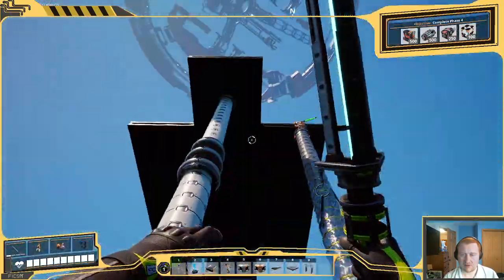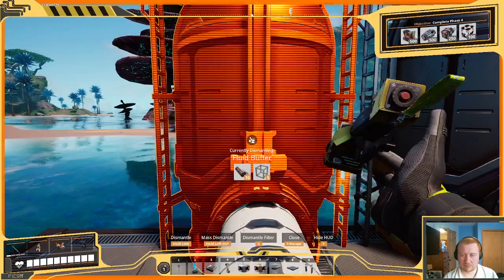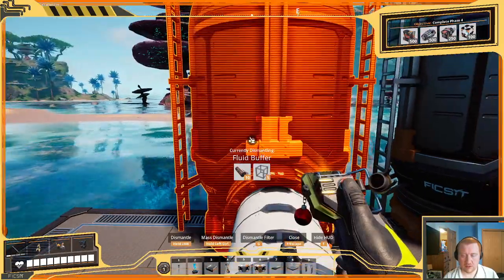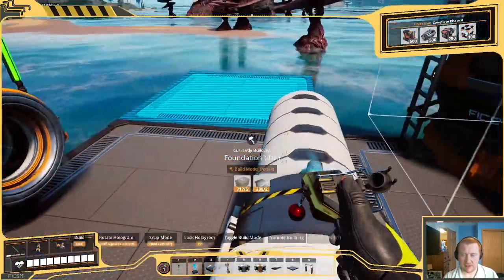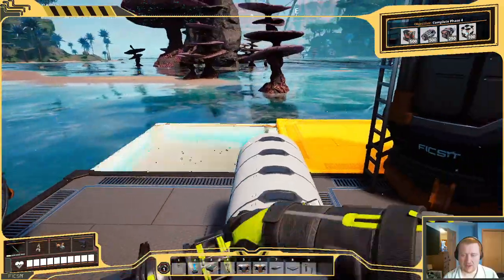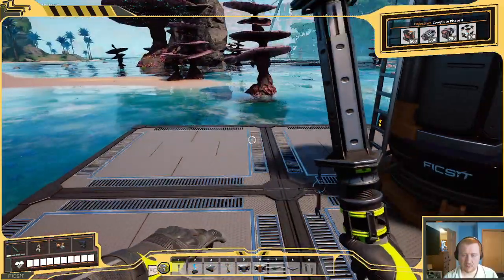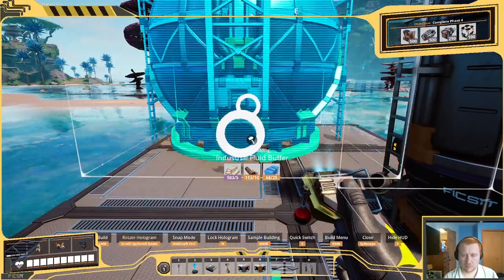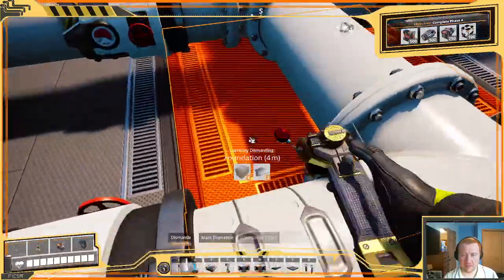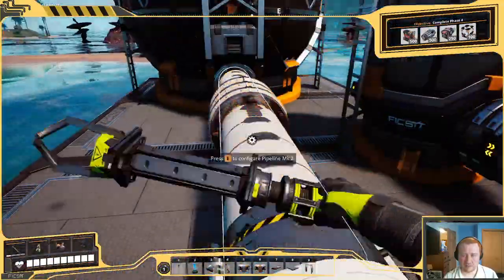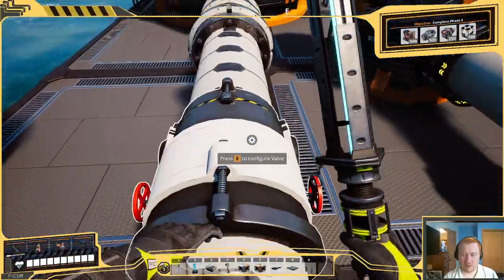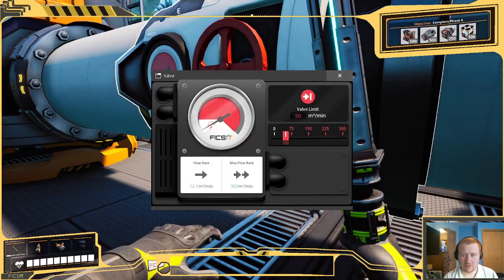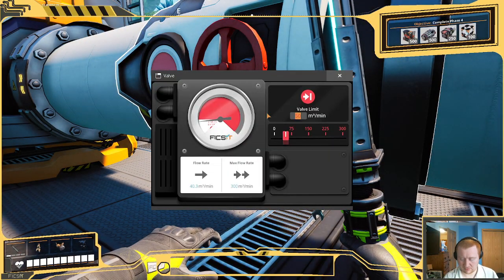Do I have enough for another big buffer? Yeah, I do. So let's increase the buffer size, which asks for a lot more fluid. That means that this will try to fill up really fast. And let's even overload this to, I don't know, like 80.